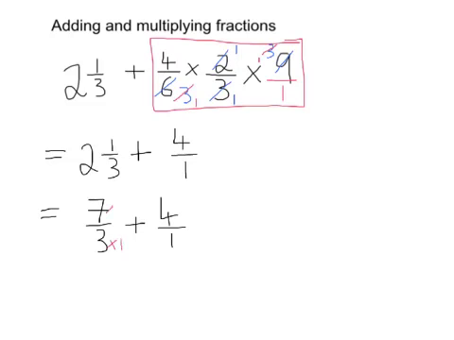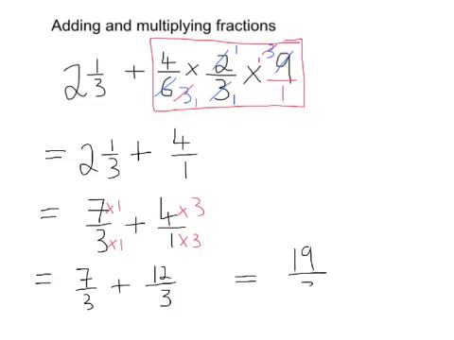The first fraction will stay the same, the second one I'm going to have to multiply by 3, so I'm then going to be left with 7 over 3 plus 12 over 3, which is going to be equal to, I've run out of space, so I'm just going to write it on the right. 7 plus 12 is 19 over 3, and we're done.